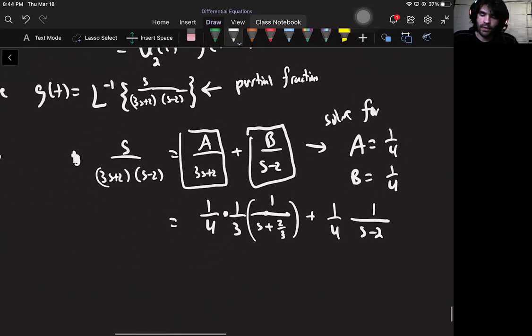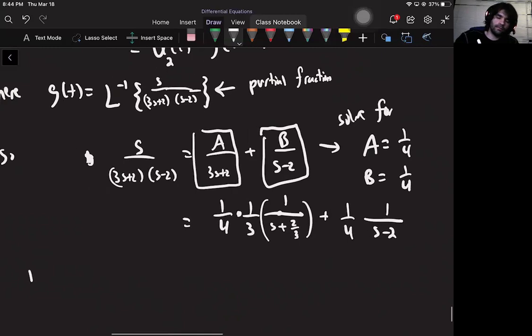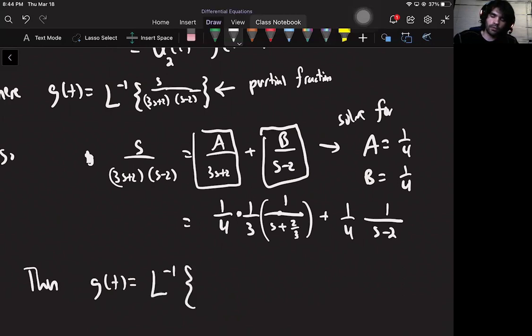So now I can figure out g of t. It's the inverse Laplace transform of this newer thing, which is much easier to deal with. I can actually do it.